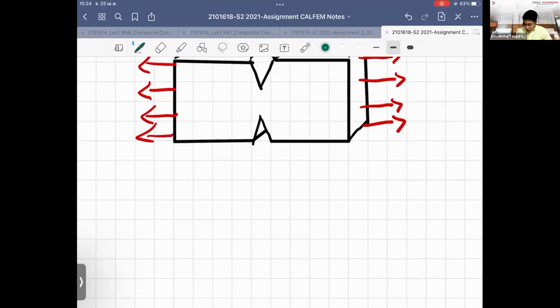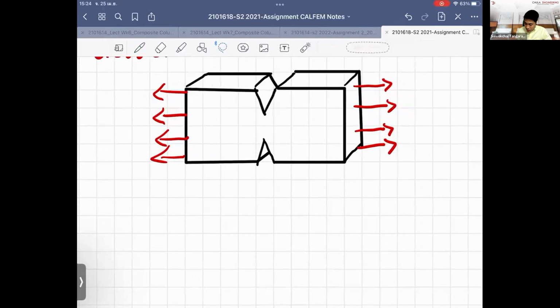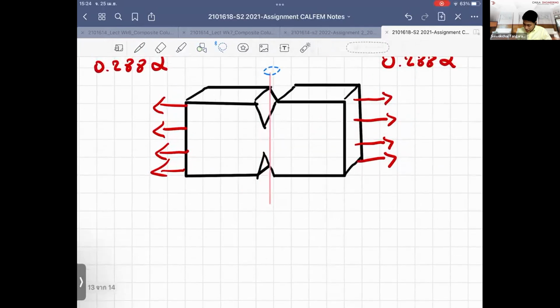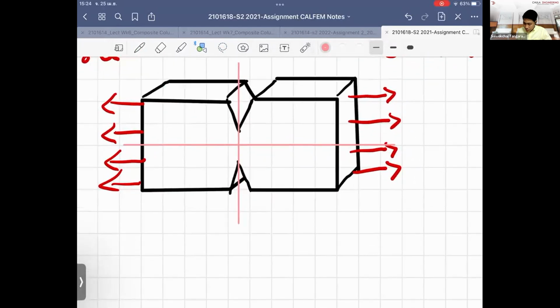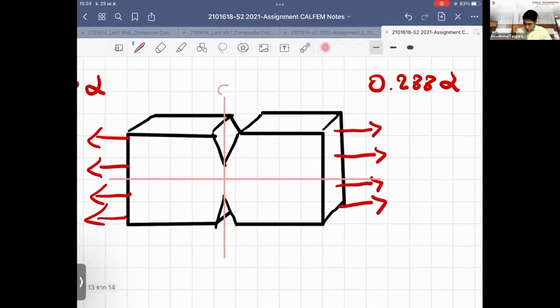In the beginning, I want to discretize it by using the information of the symmetry. We have double symmetry in the problem, so I take it to be half, and I just want to model it in a quarter. We have two symmetry lines.